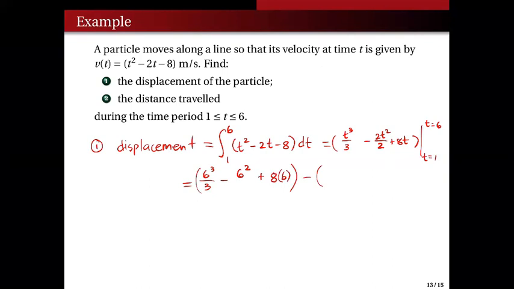Then minus quantity 1 over 3 minus 1 squared plus 8 times 1, so we'll just have 8 there.